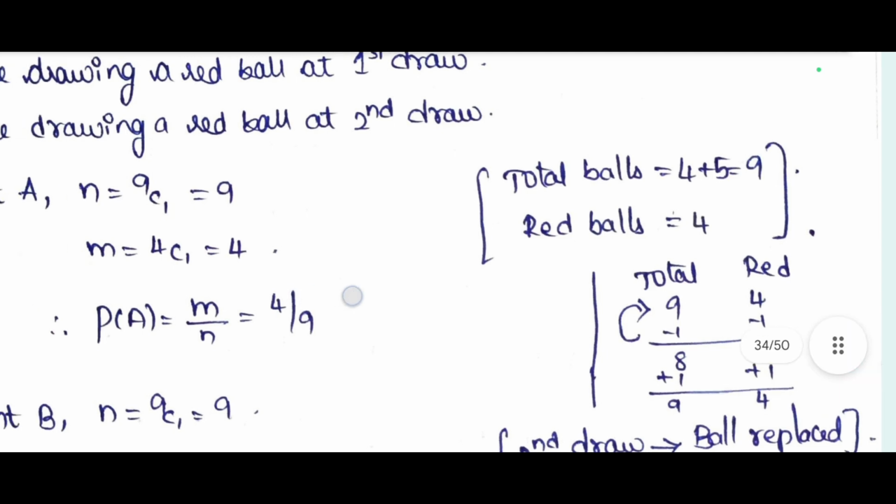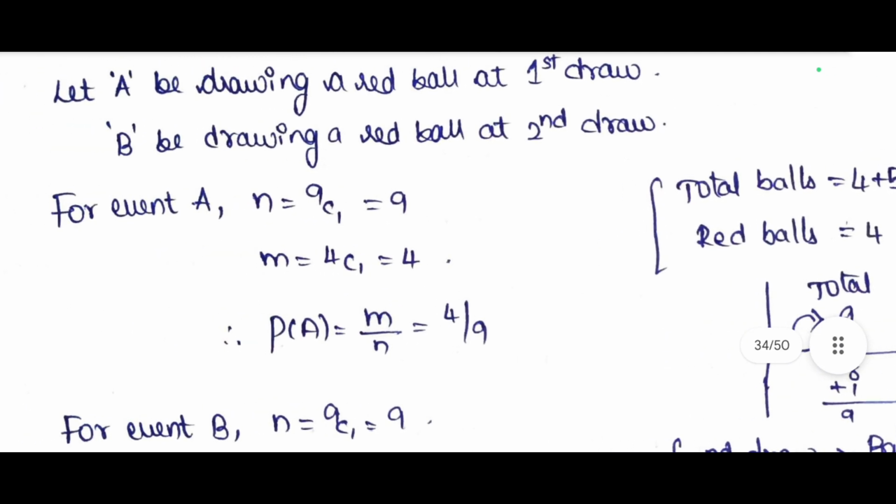For event A, the total number of possible outcomes is n equals 9C1, that is 9.